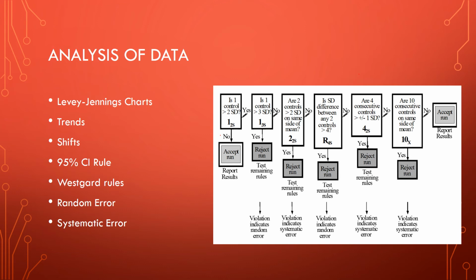And that 95% confidence rule is what we're talking about when we go from a single patient result to the next result for the same patient. It is difficult to physiologically explain a result that is outside of 2 standard deviations from a previous result. Remember, our patients are sick, so they're not necessarily always going to be normal.